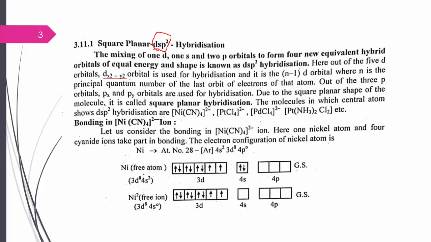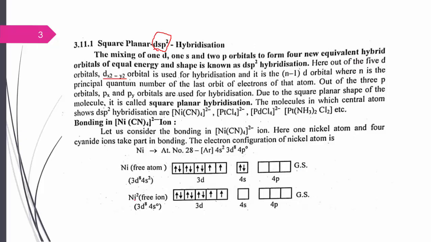Writing the nickel free atom in the ground state, we have 3d8 4s2. In 3d8, the d orbitals first fill with single electrons, then come the paired electrons. 4s2 has two electrons and 4p is vacant in the ground state.